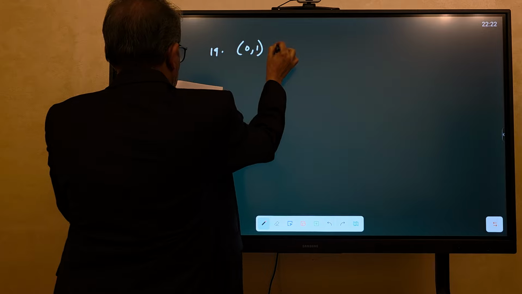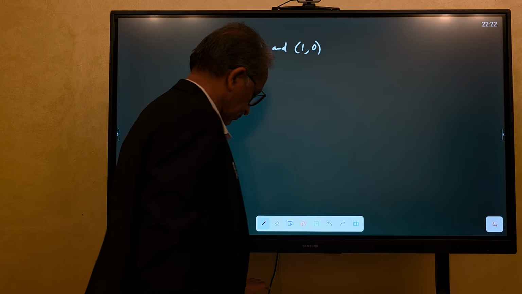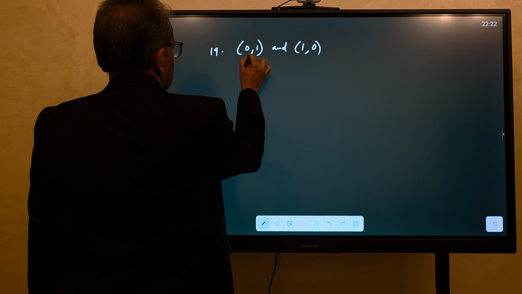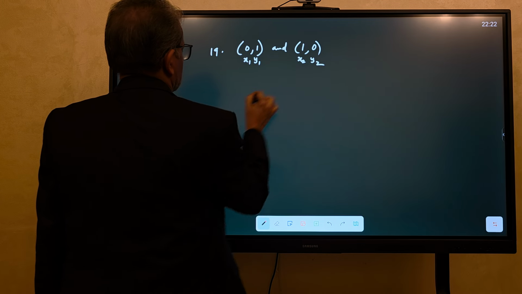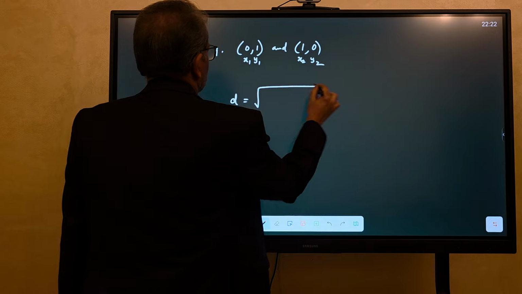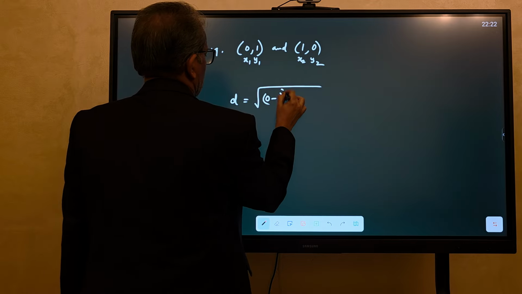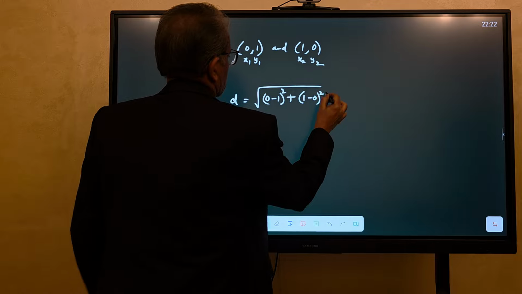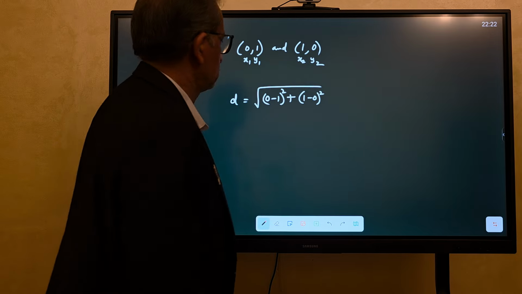(0, 1) and (1, 0). Let us find the distance between these. So this is x1, y1, x2, y2. The distance is under root (0 minus 1) square plus (1 minus 0) square, that is (x1 minus x2) square plus (y1 minus y2) square.